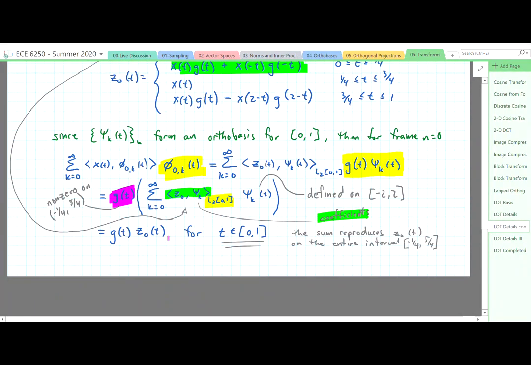So this is true. It equals that on that interval, but the sum reproduces a z naught of t on the entire interval -1/4 to 5/4, because we're actually multiplying by something that's defined on a larger interval.